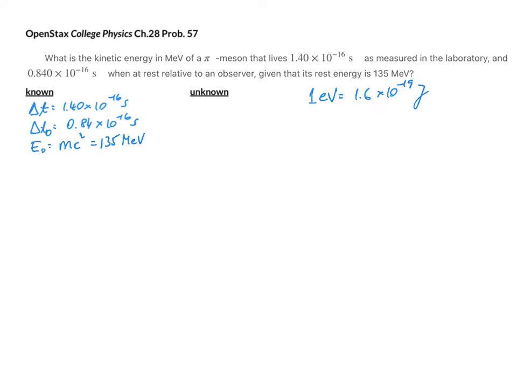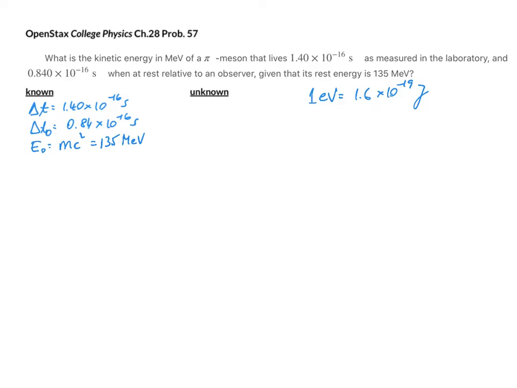Mega is 10 to the 6th. So 135 mega electron volts is basically 135 times 1.6 times 10 to the negative 19 times 10 to the 6th joules. But we don't have to convert that because we want the answer in mega electron volts.